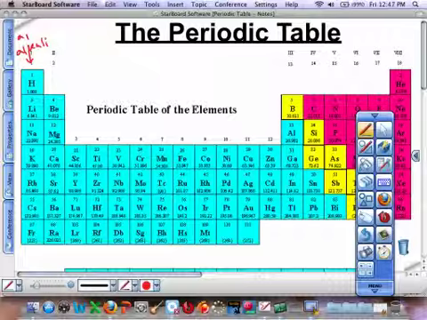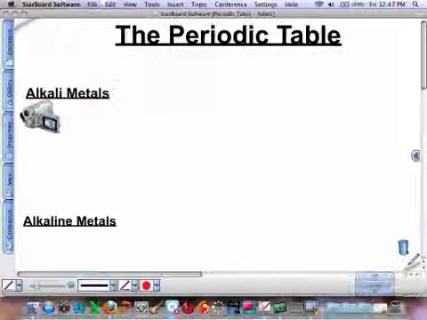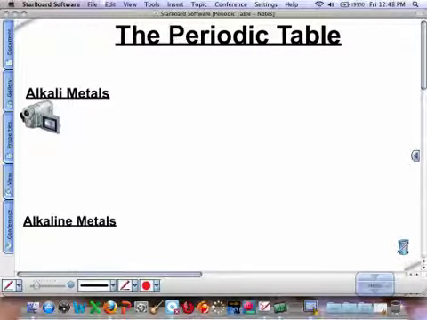All right, so tell me about it. You go up to the front and tell the class about them, or just tell me something you know and I'll write it down. Alkali metals are in group 1 of the periodic table. They react violently with water.